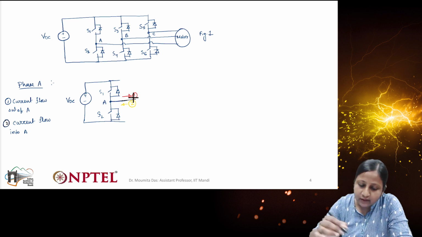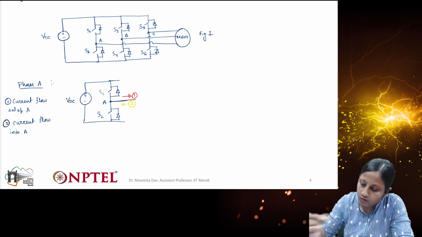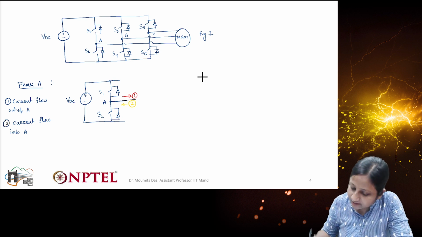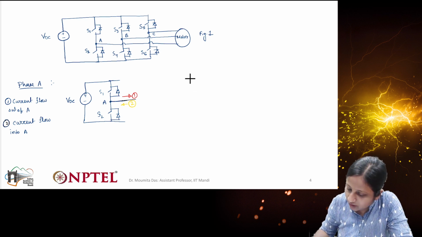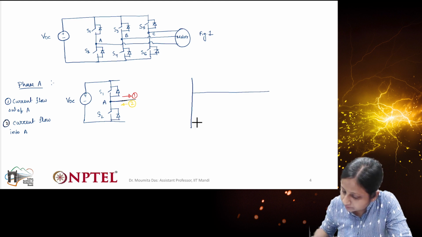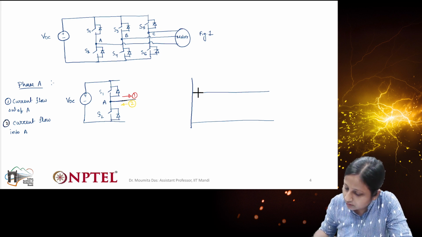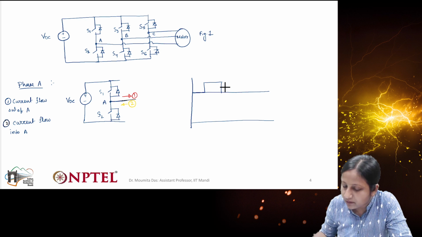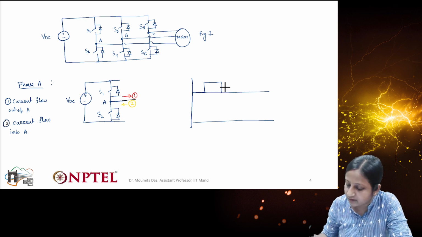Before that, let me just draw the switching signals for these two switches. How will the switching signals be? Generally, one of the two switches will be on at a time, otherwise there will be a short circuit condition.